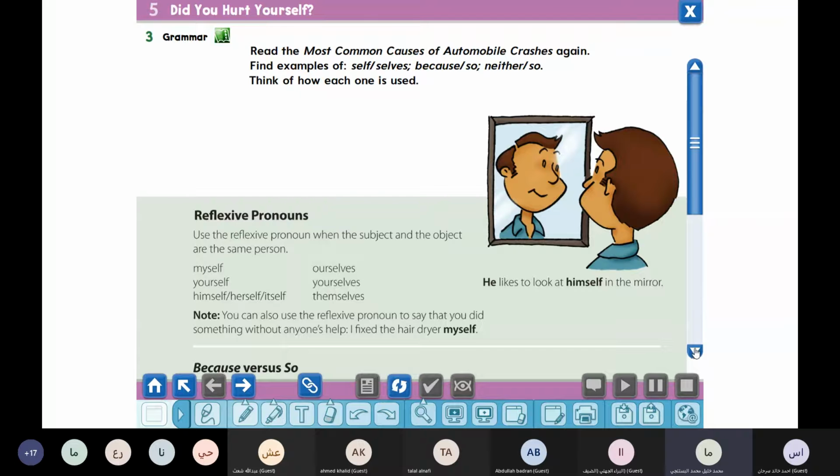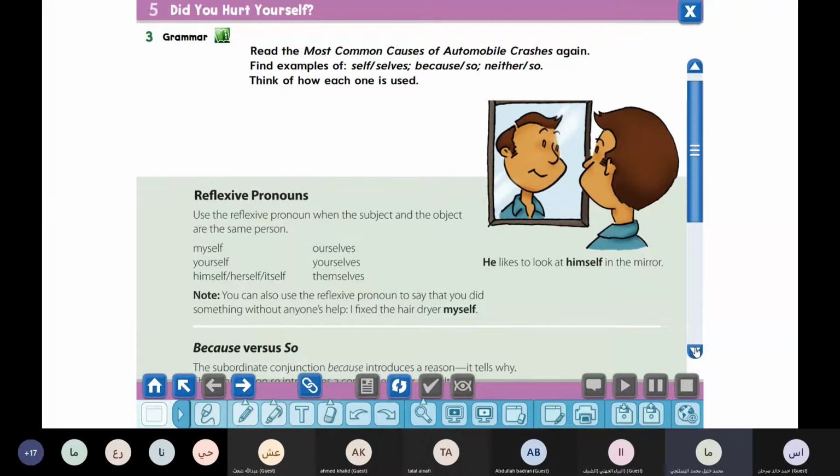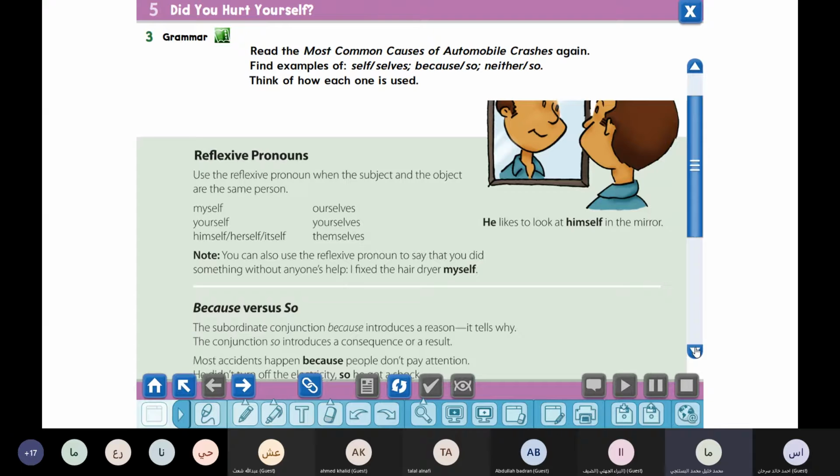Now let's start with the reflexive pronouns. We use this kind of pronouns when the subject and object are the same. Look at the example.